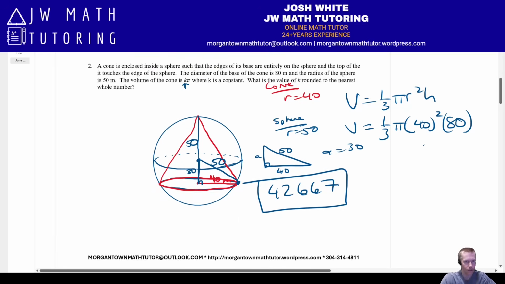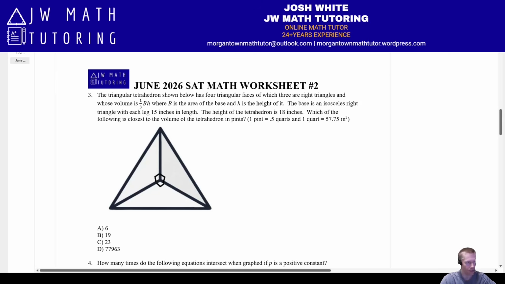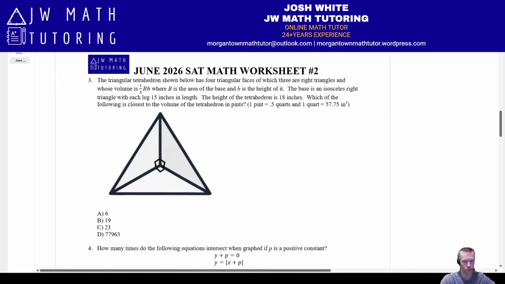Okay, let's move to the next page. Let's look at another 3D solid figure problem. This is one where you were given a triangular tetrahedron, basically a 3D figure. There are 4 total faces. 3 of them are right triangles, 1 of them is not.